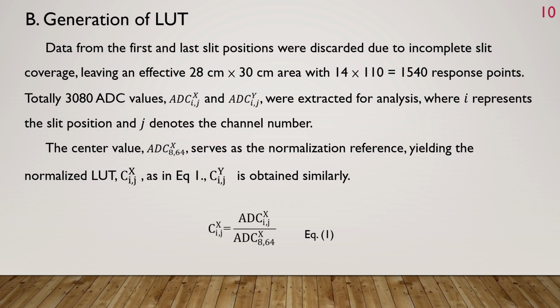These ADC values were extracted for analysis, where i represents the slit position and j denotes the channel number. The center value serves as normalization reference, yielding the normalized LUT as in equation 1. The LUT in Y direction is obtained in a similar way.